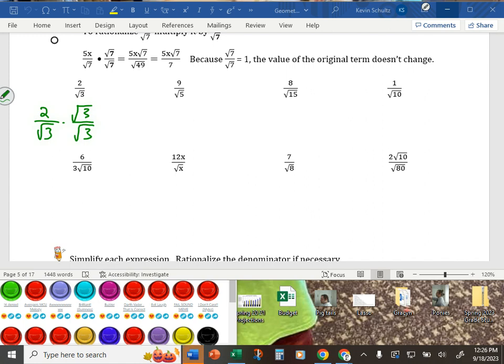The value of this fraction isn't going to change because anything divided by itself is 1. But the reason we put root 3 over root 3 specifically is because in our denominator we get the root of 9. Root 9 being a perfect square, this simplifies to 2 root 3 over 3.